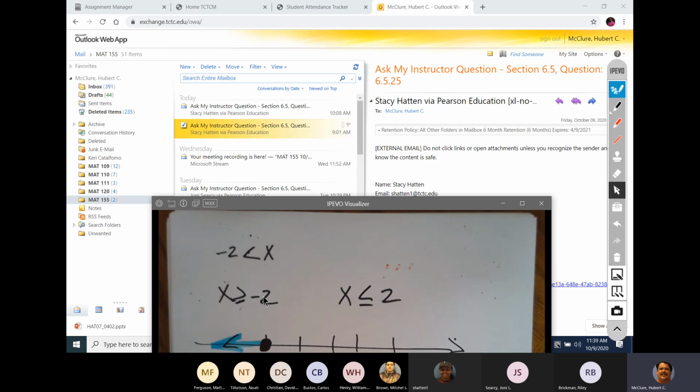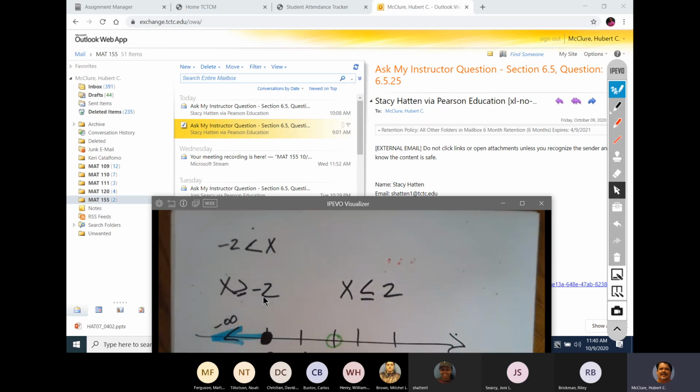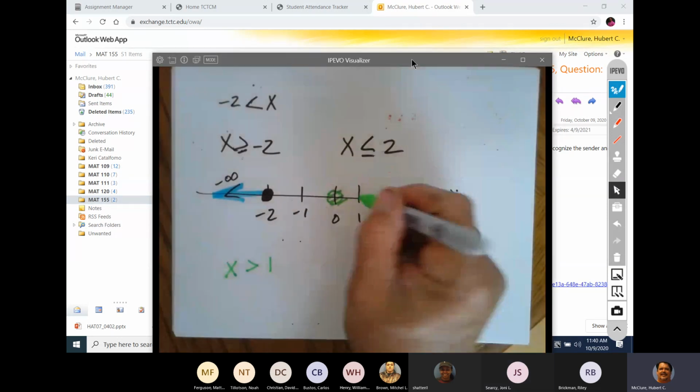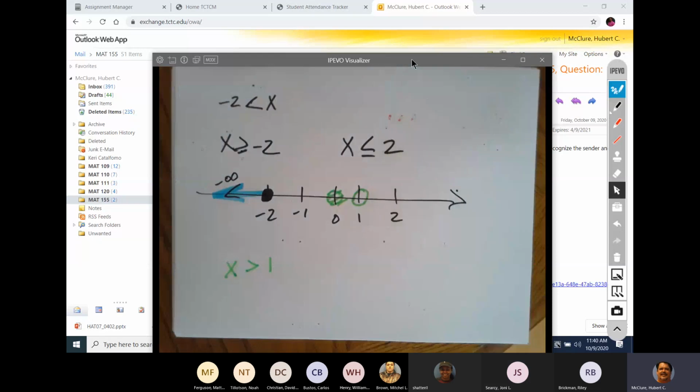You've got to be careful. And that's negative infinity. I could say x is greater than 1. And that's the open circle. And it's going to the right. Because all the numbers that are greater, oops, I'm sorry. X is greater than 1. There's the x is greater than 1.